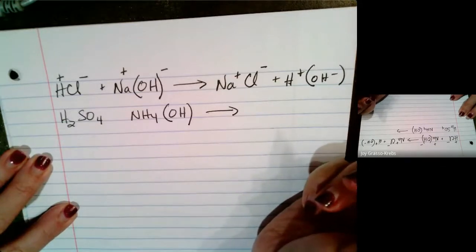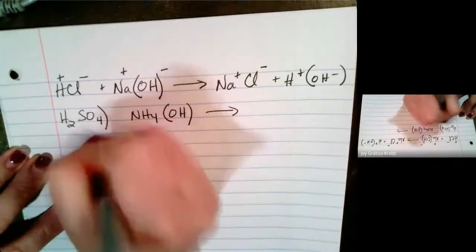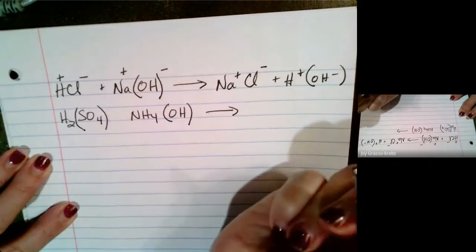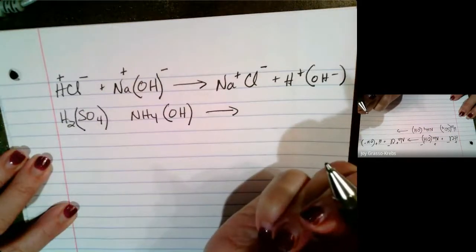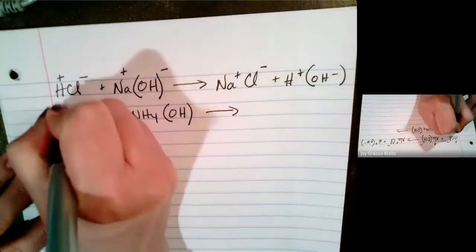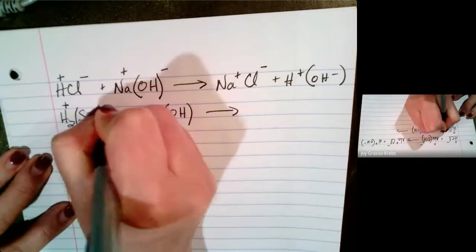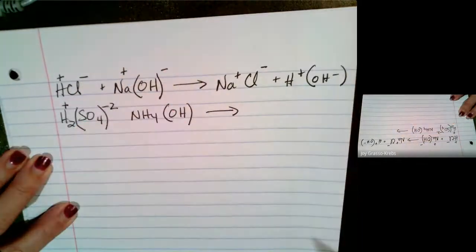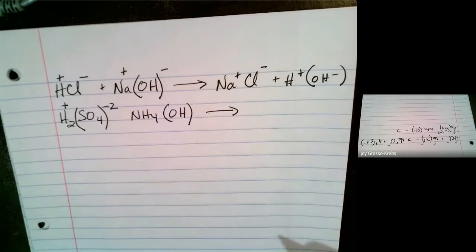Again, we have to realize that the SO4 is a polyatomic ion. So this has to be +1. This has to be -2. That refers to the short answer question. Why is it important to check the charges? We need to know the charges in order to write the equations correctly.